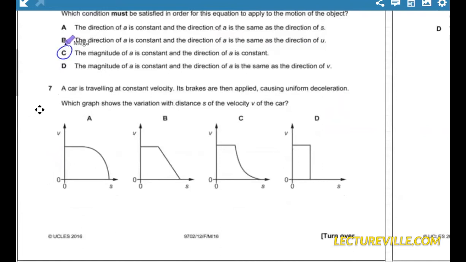Now, moving on to question number 7, a car is traveling at a constant velocity. Remember, the velocity is constant, the brakes are then applied, causing uniform acceleration. Which graph shows the variation of distance s and velocity v?